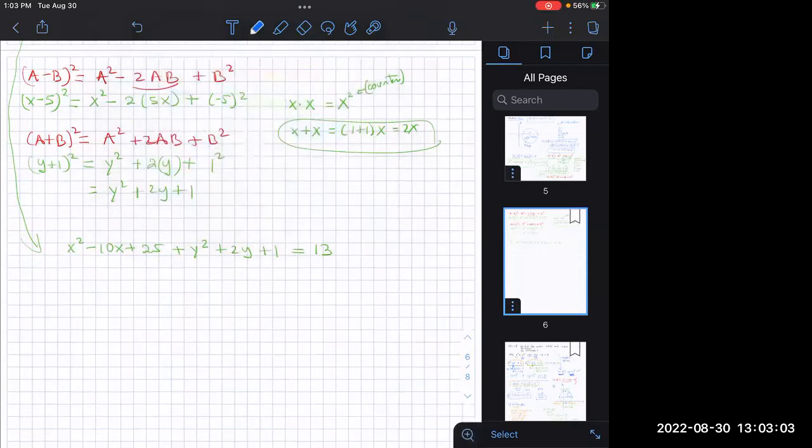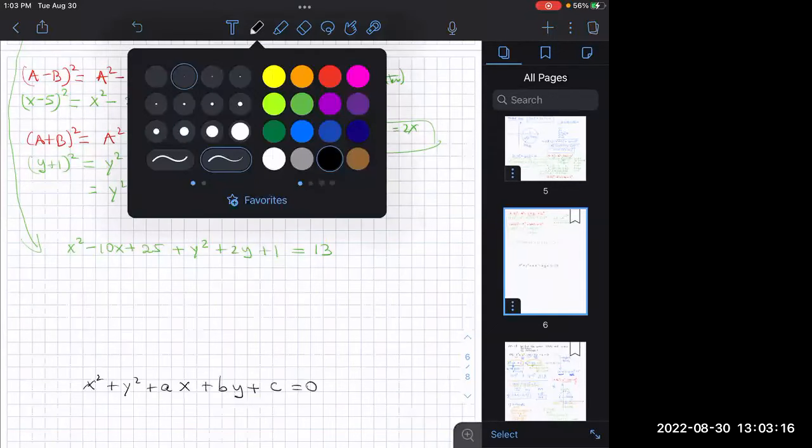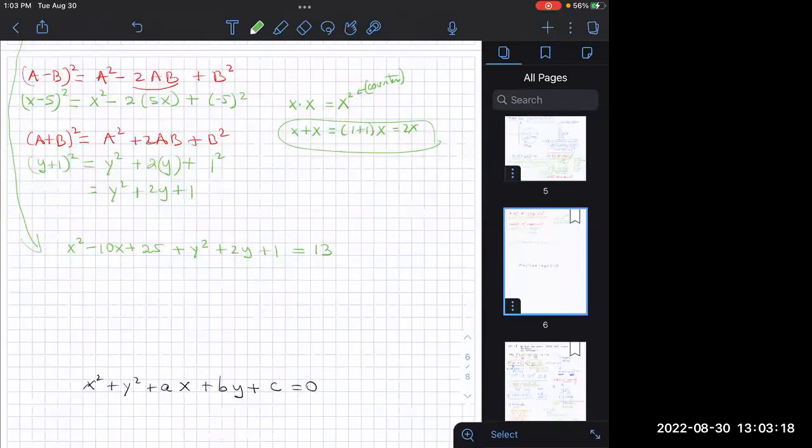So ultimately, we want to get to the form x squared plus y squared plus little ax plus little by plus c equals 0. Okay, that's the general form. Yes.